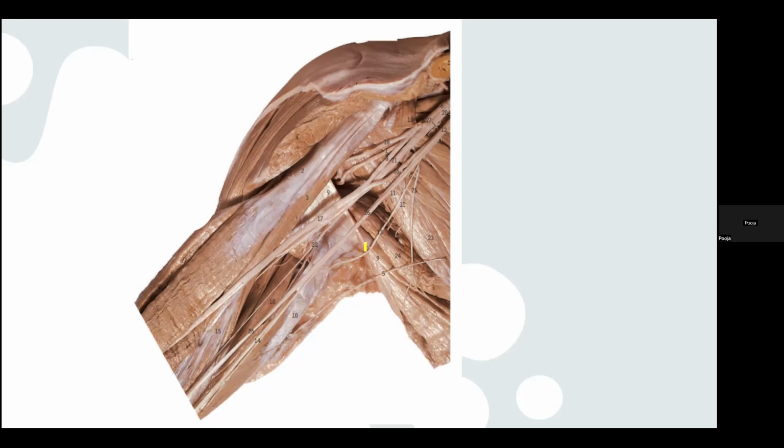In sensory loss, there will be loss of sensation over the medial side of the forearm, and on the hand, loss of sensation of the fifth and medial half of the fourth digit, on dorsal as well as palmar surface. This will cause claw hand also, because there will be paralysis of intrinsic muscles of hand, and wasting of hypothenar muscles.